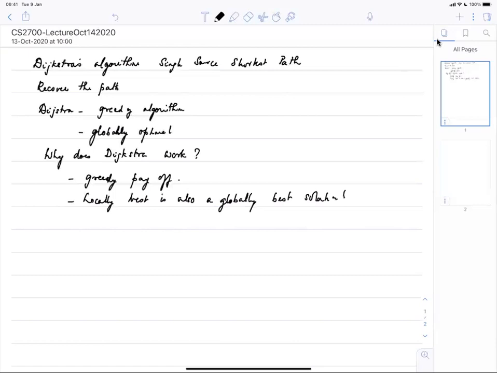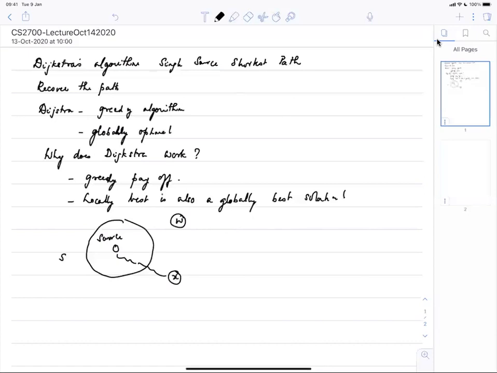Now suppose, let's say we have the set of source vertices here, and let's say this is the source S, and there is a vertex W here, and there's another vertex X over here.